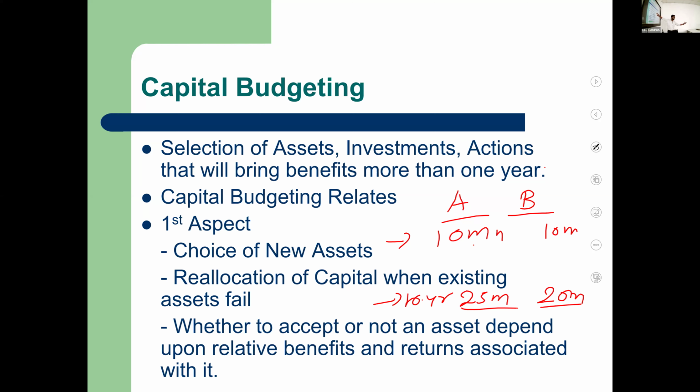Need to choose the asset. If that asset fails, you should be able to reallocate that capital, right? And also, when you select an investment, you should consider the return or the benefit of that investment.